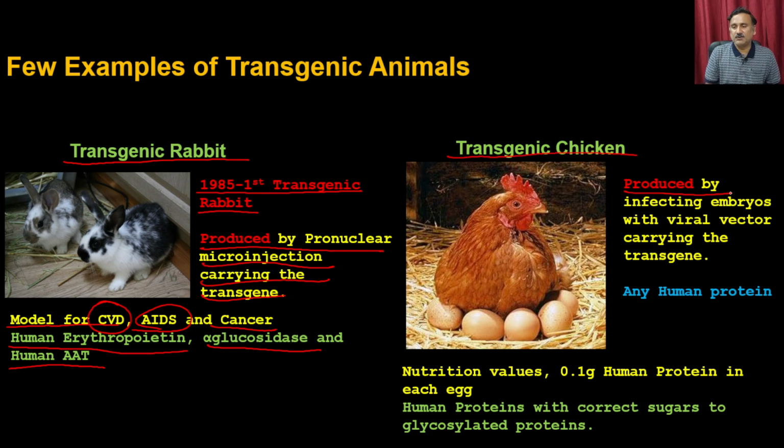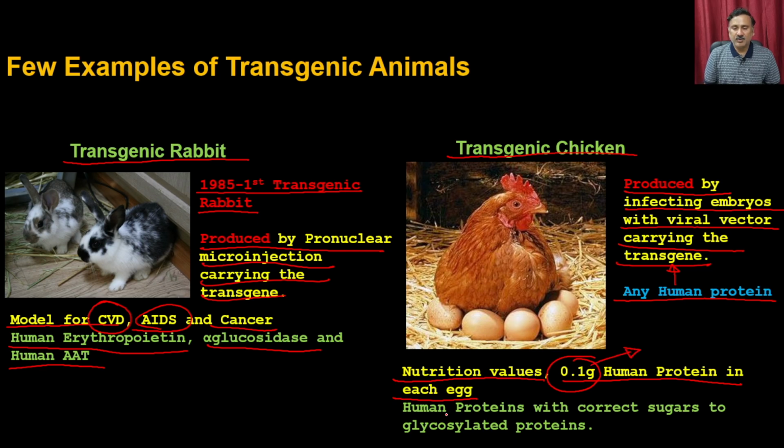Then we also have the transgenic chicken, right. This is produced by infecting embryos with a viral vector carrying the transgenes, and you can put any human protein into the transgene, and that is how it increases the economical as well as the therapeutic value of the egg. It adds about 0.1 grams of human protein to each egg, so it produces a very high quantity of human proteins.